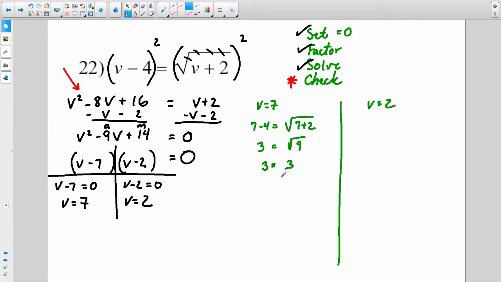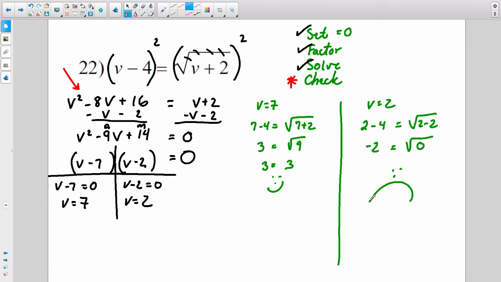Definitely. Cool. Okay, for v equals 2, so we have 2 minus 4. Are you equal to the square root of 2 minus 2? So this is negative 2. Are you equal to the square root of 0?